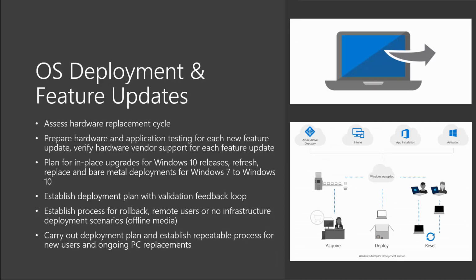So those are just some of the security considerations that we have around planning for security capabilities moving to a modern desktop. Let's talk about OS deployment and feature updates.